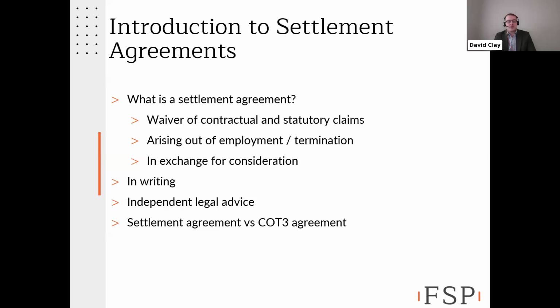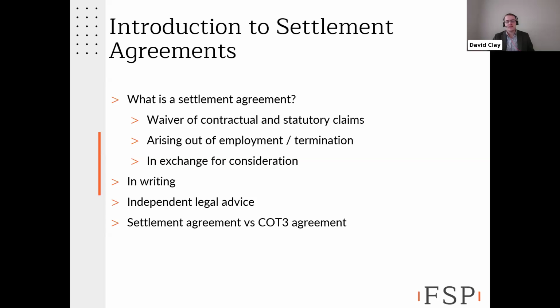Other points to be aware of with settlement agreements: they've got to be in writing. So you may feel that's self-explanatory, but you can't verbally waive statutory employment claims. So it's got to be recorded in writing in a document. Independent legal advice is a key one. A lot of employees will not always appreciate that they can't just take an agreement away, sign it themselves, and give it back to you.